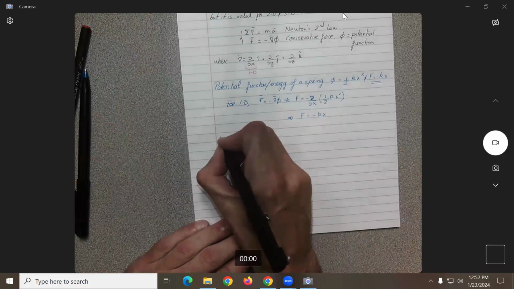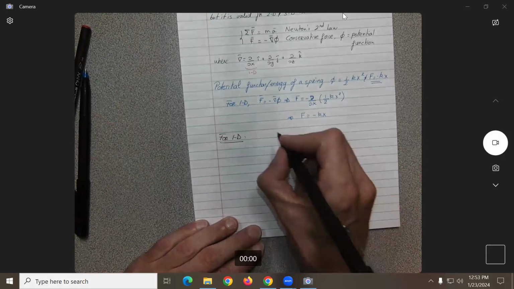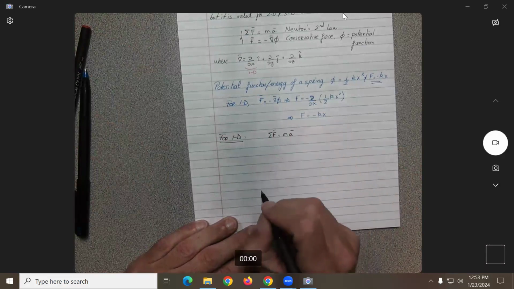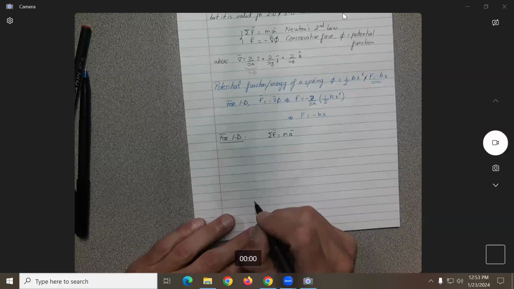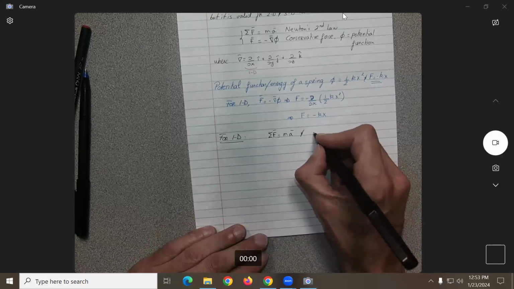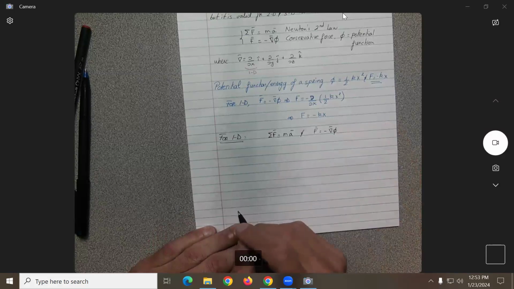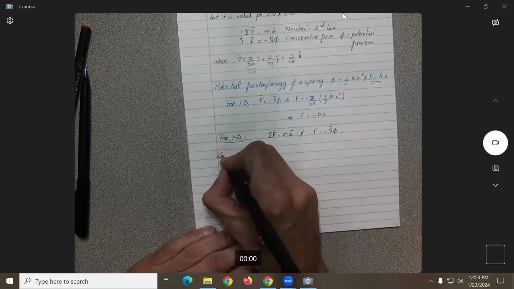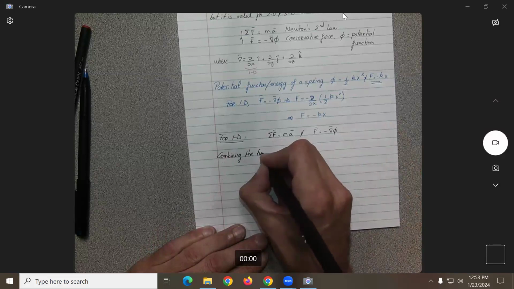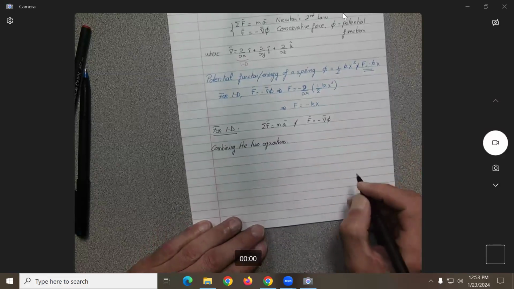All right, so let's put it here. So for 1D, let me just recall the two equations. Summation of forces equals to ma. And we had the force equal to minus gradient of phi. So combining the two equations, what do I get?